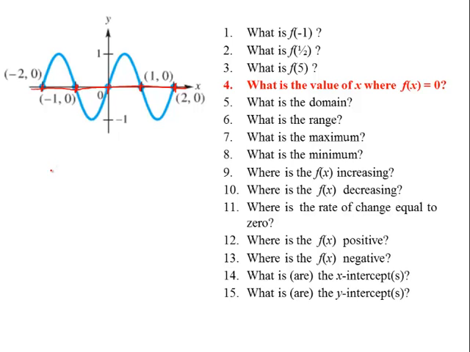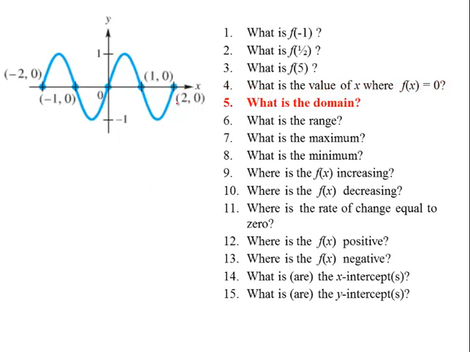So there's actually 5 values of x when f of x is 0. When x equals negative 2, when x equals negative 1, 0, positive 1, and also a positive 2.